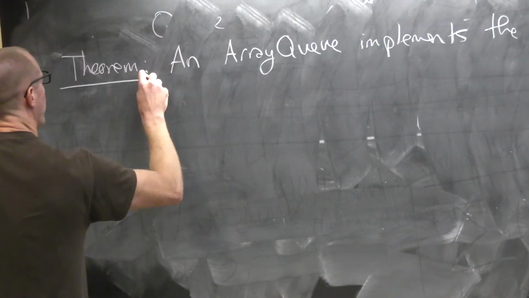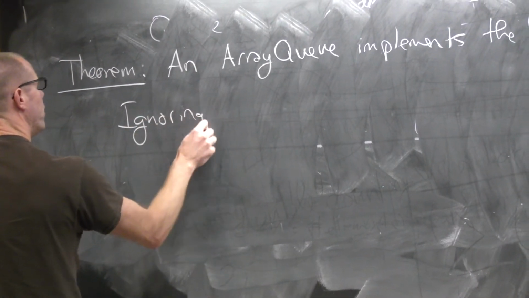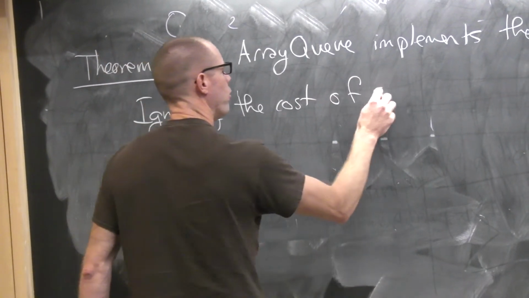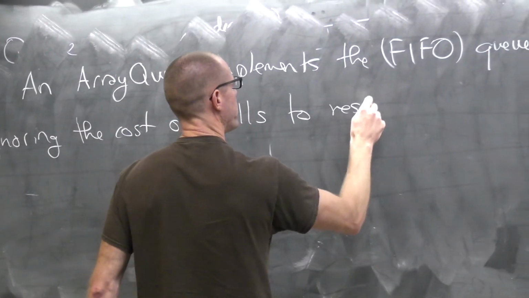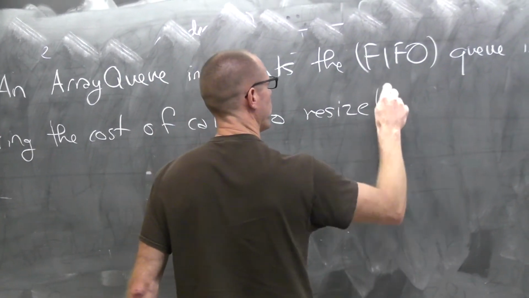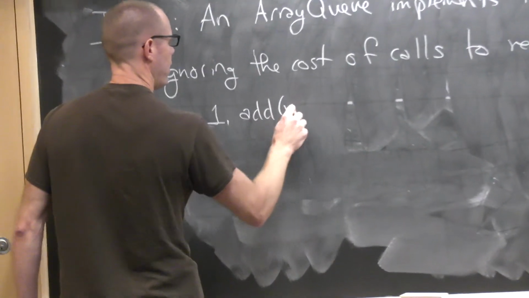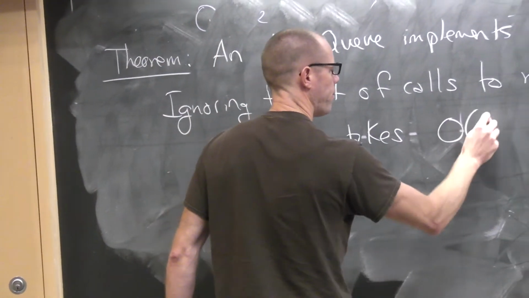Then we'll have a little qualifier. Ignoring the cost of calls to resize, you have 1, add x takes constant time.